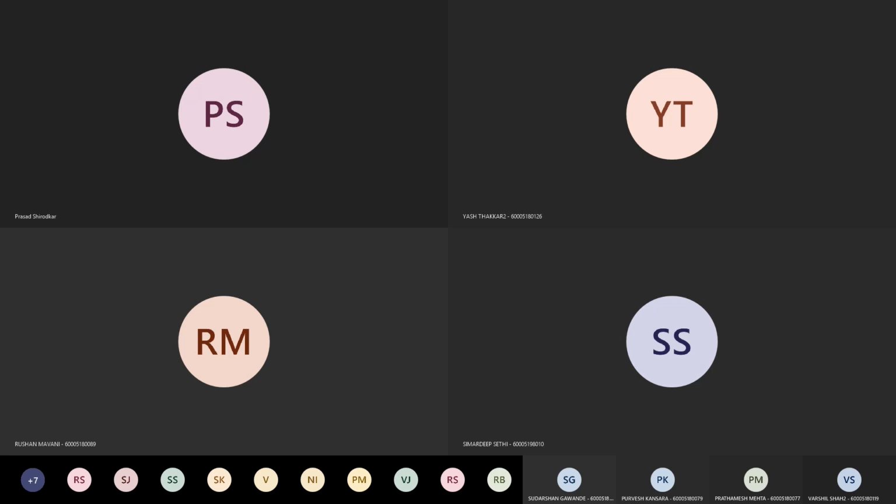Sir, what exactly do we have to scan and submit? The calculation, that is, the observation table and calculation table.